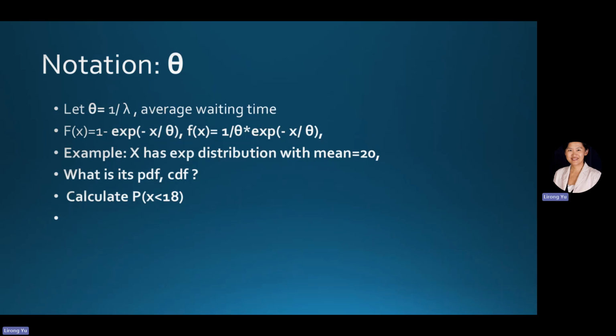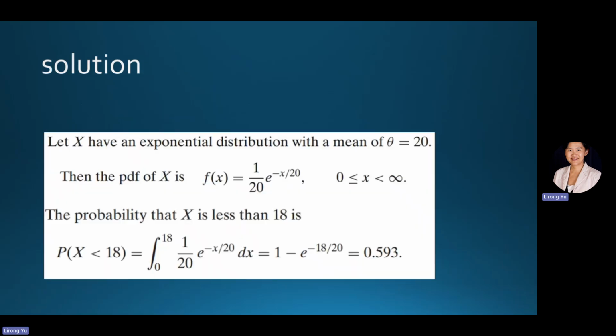How do you calculate that? For the CDF, you go 1 minus e to the negative 18 over 20, where x is 18 and theta is 20. We should know how to apply the CDF or PDF to do calculations.